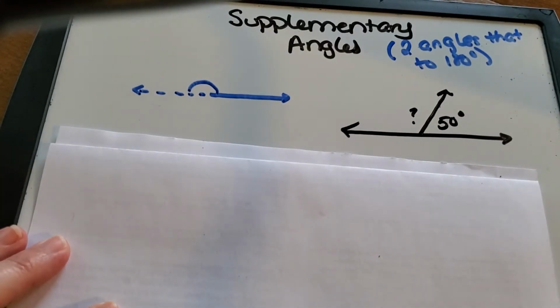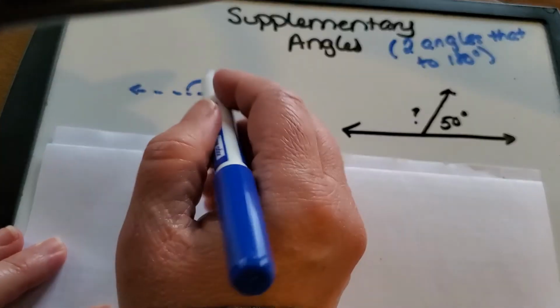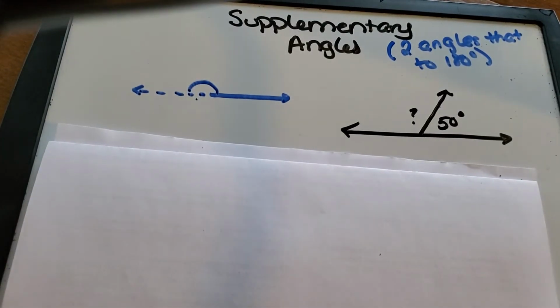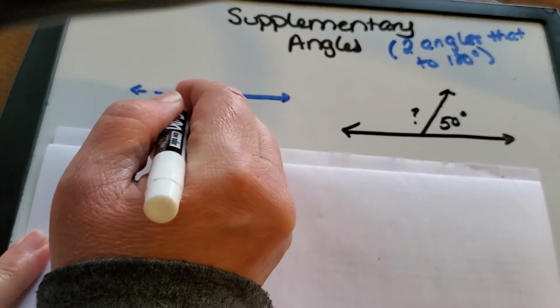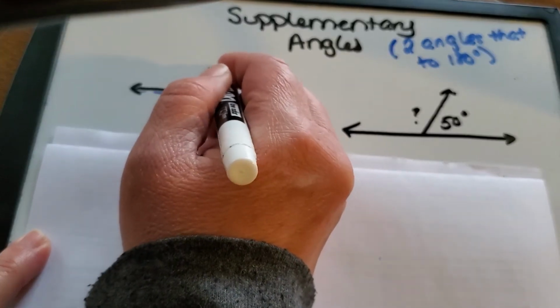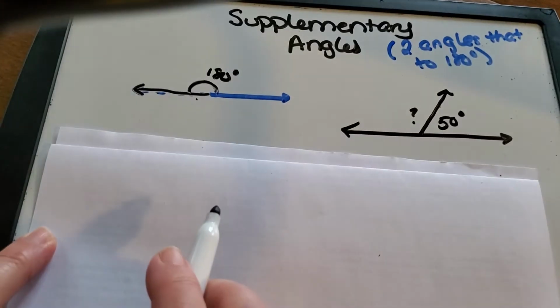A 180 degree angle is really just a straight angle or a straight line. So anytime you see a straight line, you know that's 180 degrees all the way around to the other side.